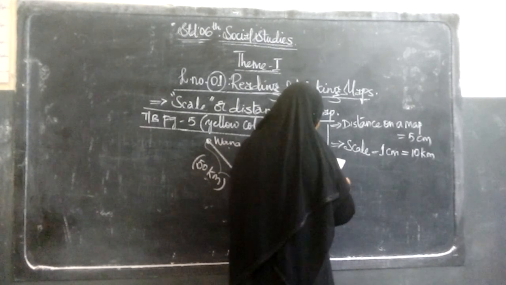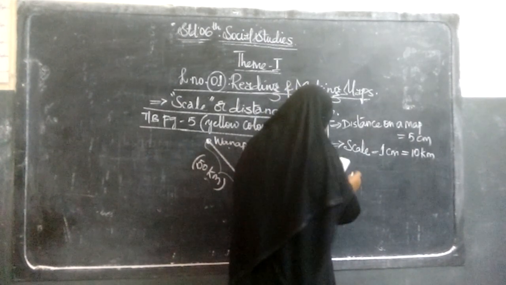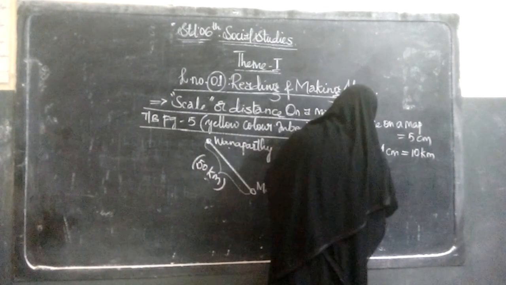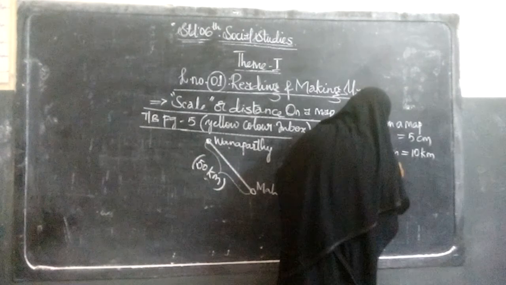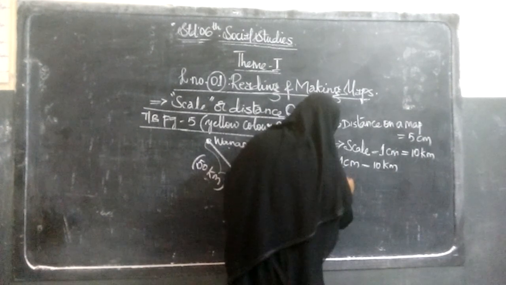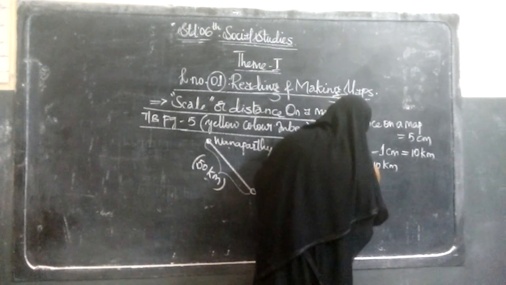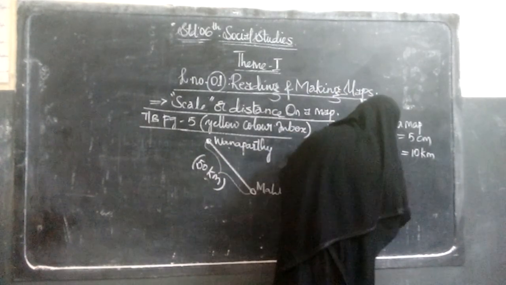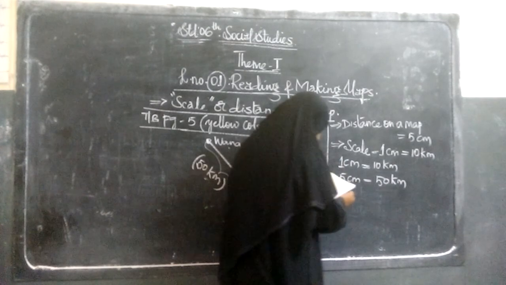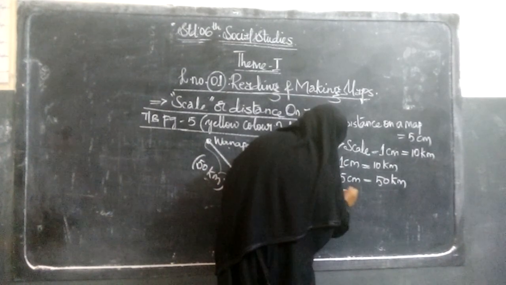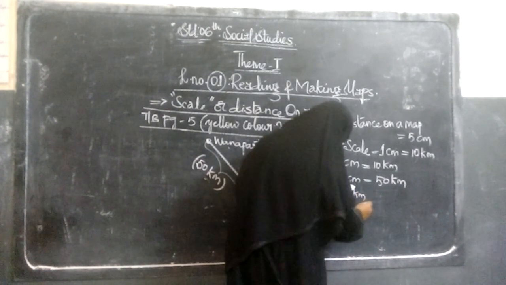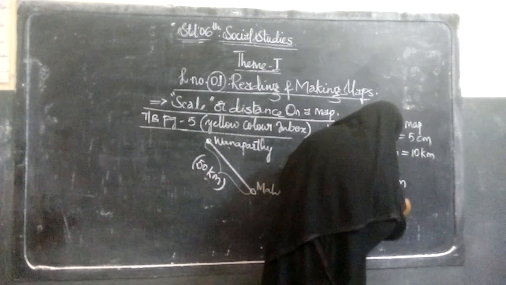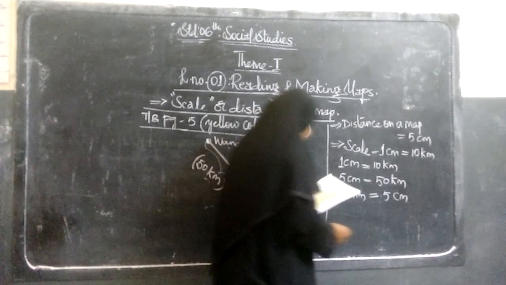So 1 centimeter is equal to 10 kilometers. Then 5 centimeters is equal to 50 kilometers. So now 50 kilometers is equal to 5 centimeters.